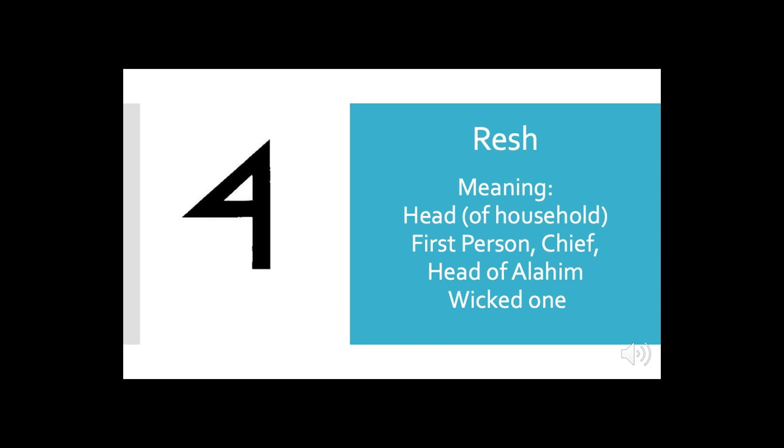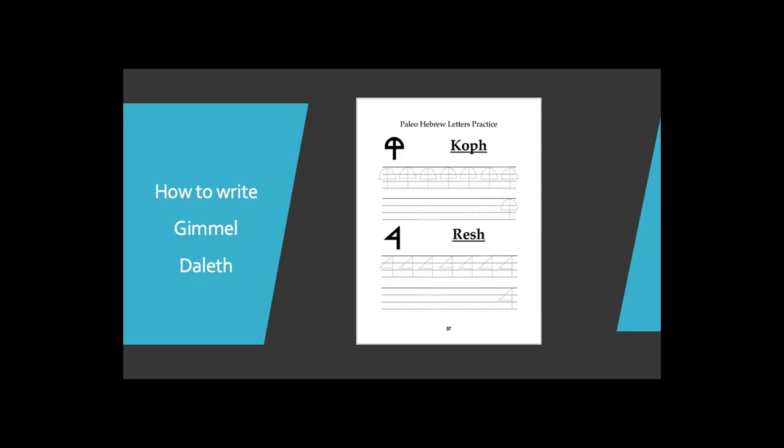That's kind of an opposite, but it represents the head of the household. All right. Let's move on to page 97, where you will practice printing both koph and resh.